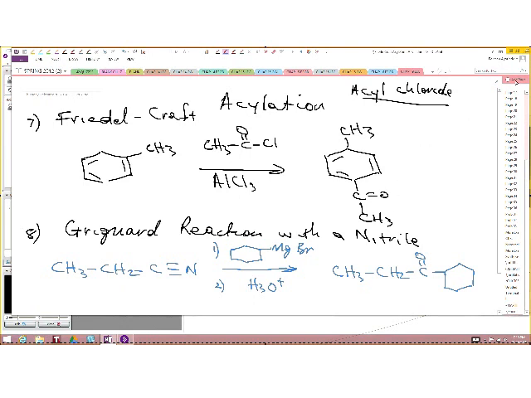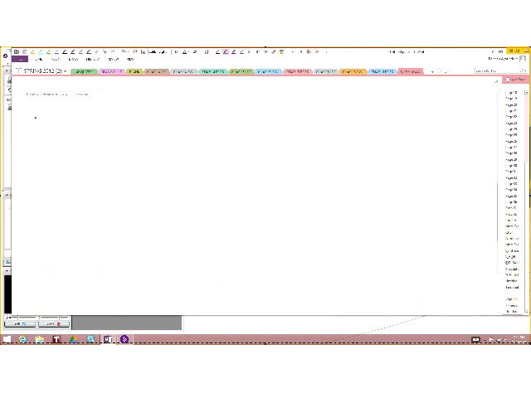Okay, number 9. Hopefully by putting all of this together in one sequence, it will help you to remember all of these reactions. Number 9. Reaction of Gilman reagent.